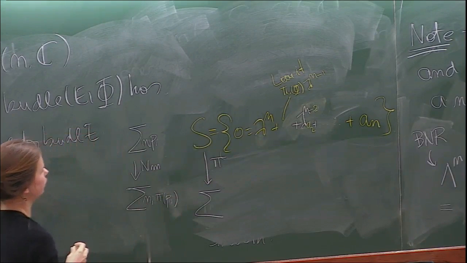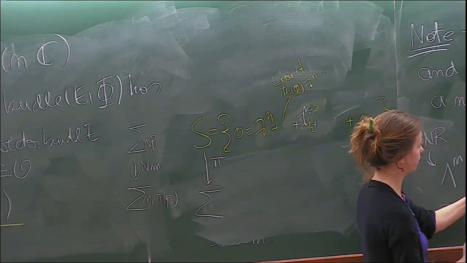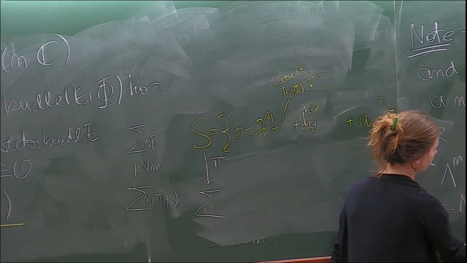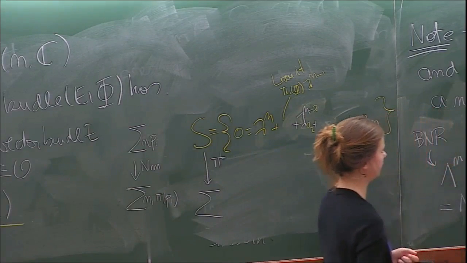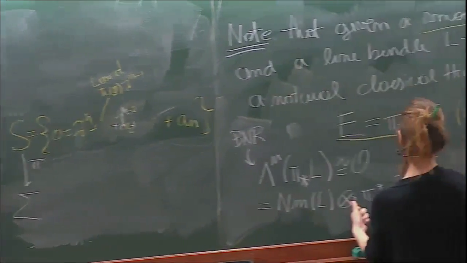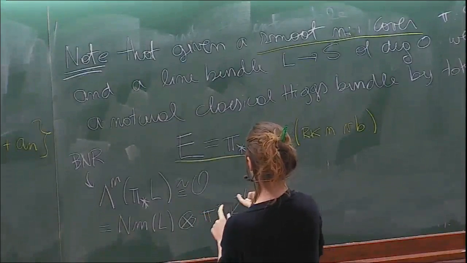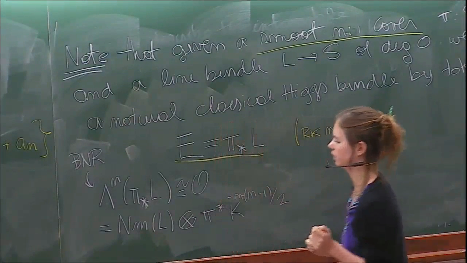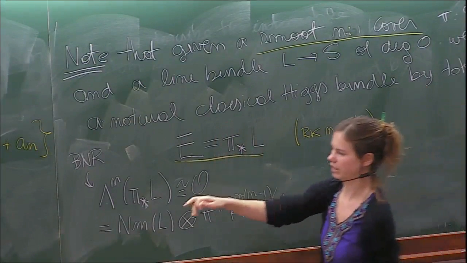So the norm map is what's going to allow us to see our line bundles in terms of divisors, and once we see them in terms of divisors, we can apply the norm map to our L, and the formula tells us that this direct image is equivalent to the norm map of the line bundle, tensor with the pullback of K to the minus (n minus 1) over 2. I think it's n minus 1 over 2. So you can see this by analyzing what the spectral curve is, where it lives.